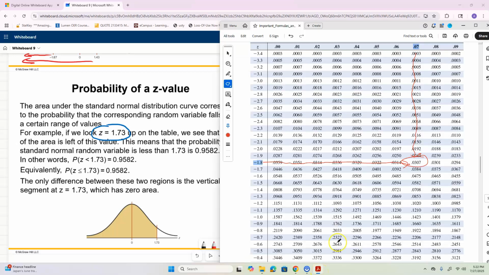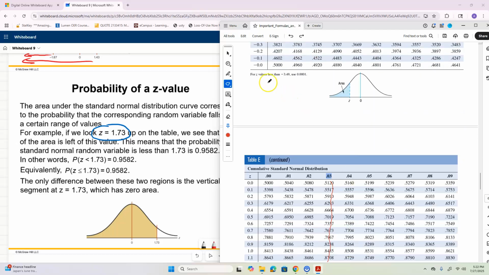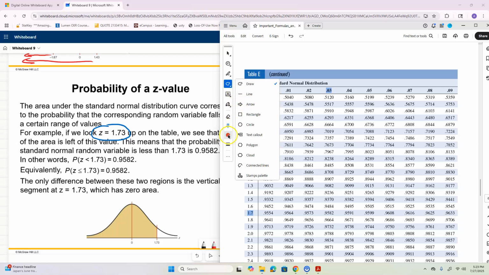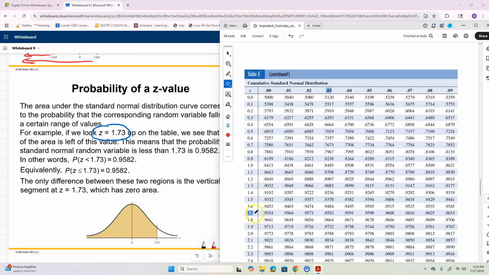And so if we go to the chart and we look up the 1.73, and we go in and over, 1.73, that gets us 0.9582.